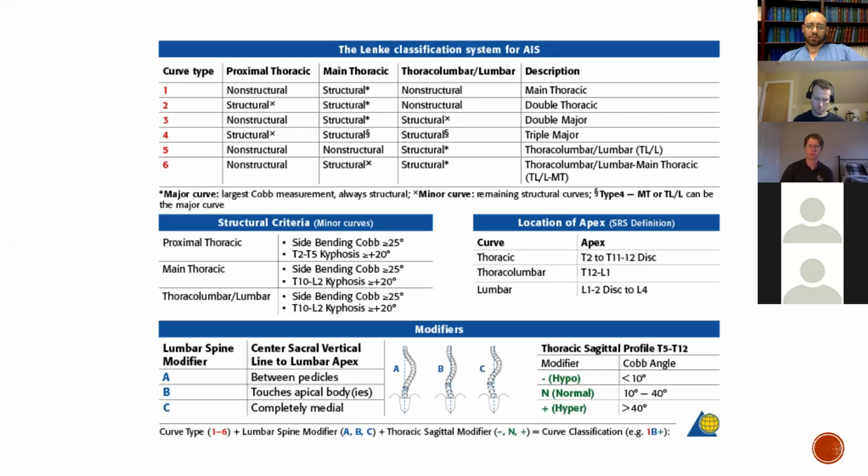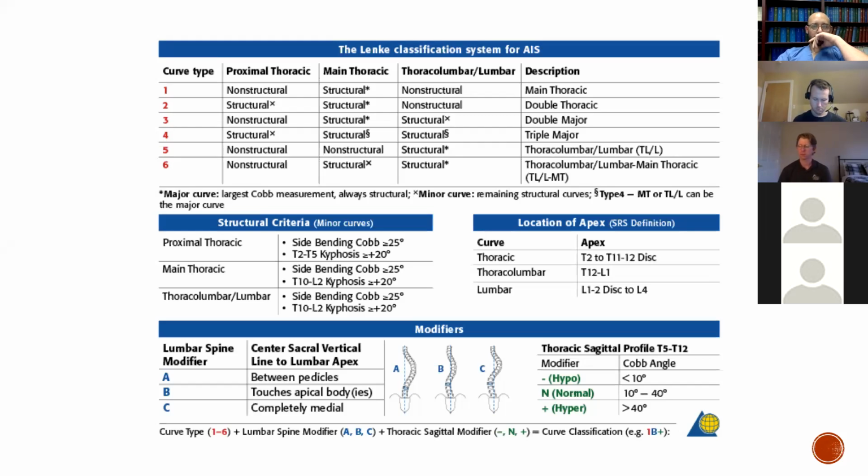So this is something I wish I had more of a lead into, but the Lenke classification is essentially the gold standard by which we categorize scoliosis, and this is how surgeons plan which levels they fuse to and what they have to do.